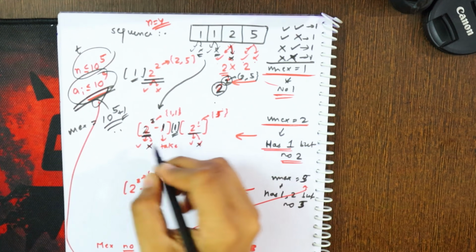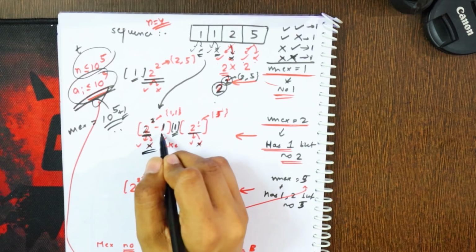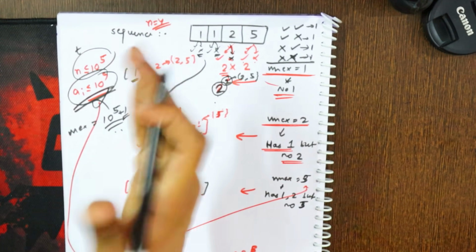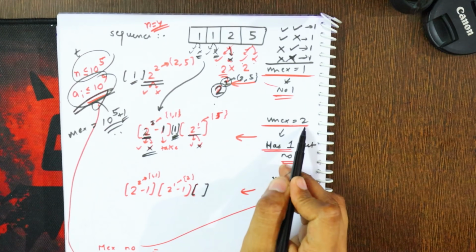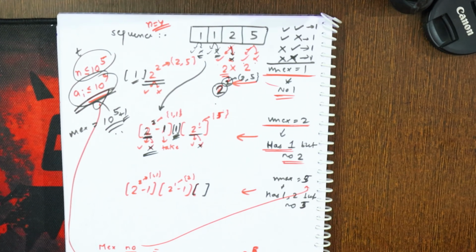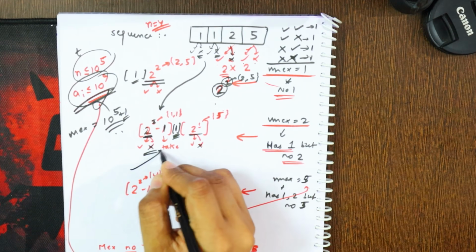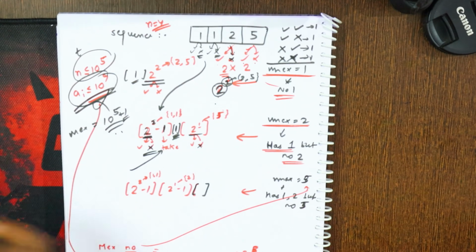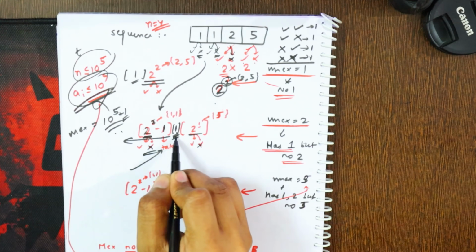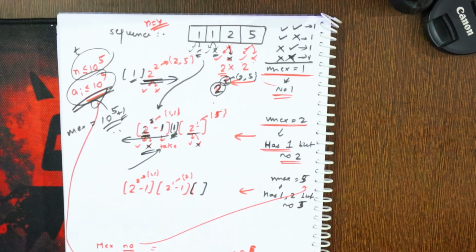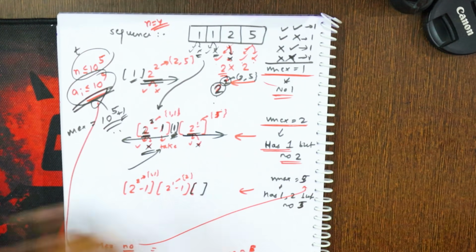The only thing I have constraints on is before the MEX value. Understanding? Before the value, because I wanted MEX equal to 2. So I will have the constraints, or you can say the implications, only on the values before this value which I wanted. After that I can have any number of values or any number of things.